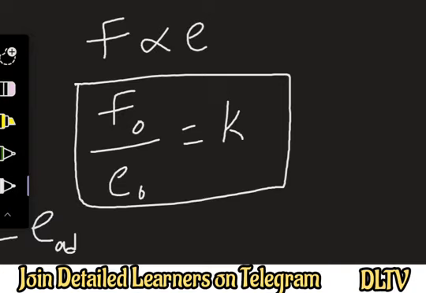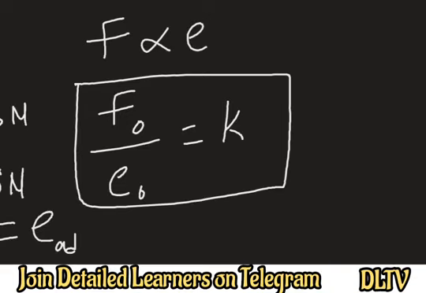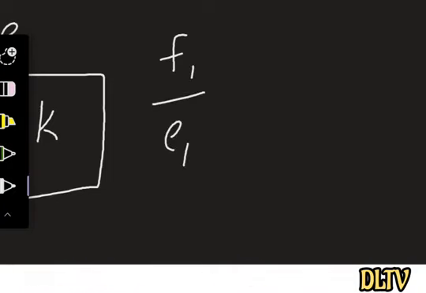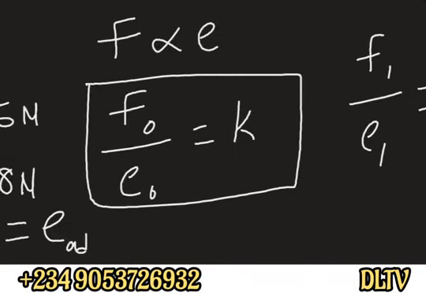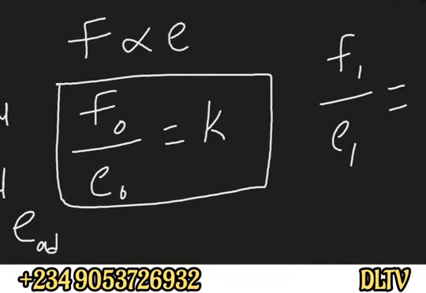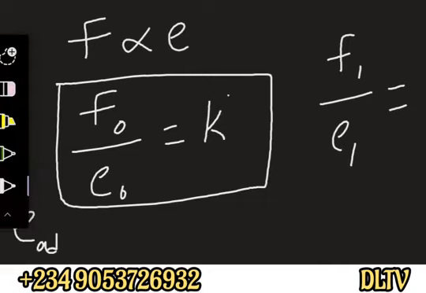All right. So now, since you're seeing that force over extension is equal to a constant, this means that even if we're having a new force, F1 over E1 and a new extension, it will also give us the same constant. So let's make use of this formula to find the value of the constant.